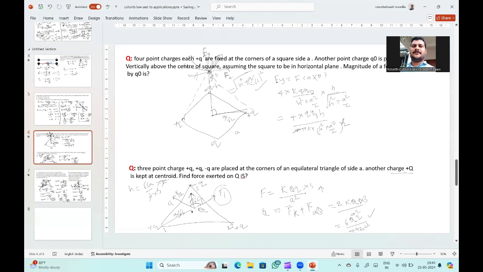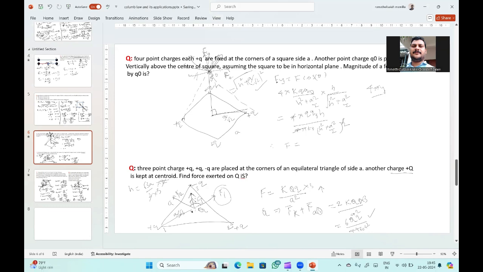So here the 4 gets cancelled. Therefore, the force Fy is equal to F cos theta. The resultant force, that is the force on this Q naught, is 4 into Fy, where Fy is equal to F cos theta.